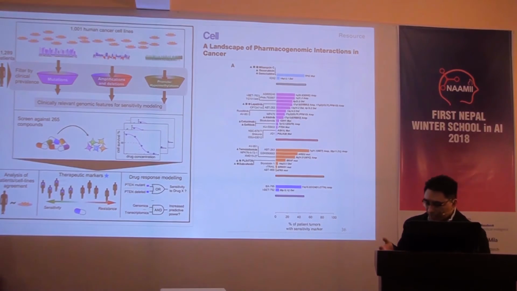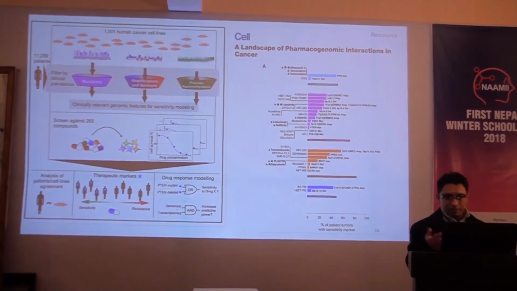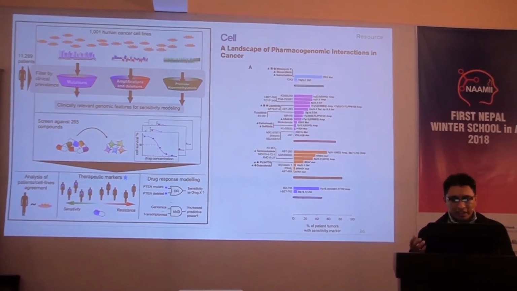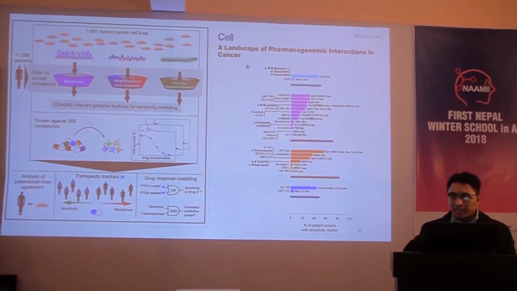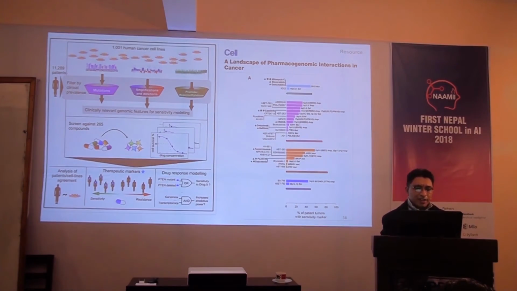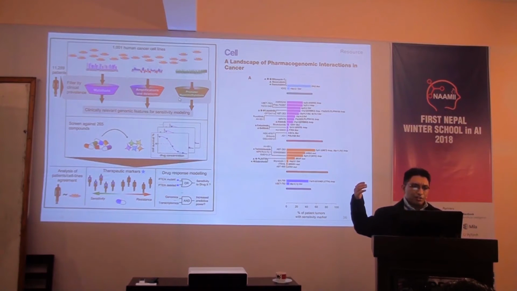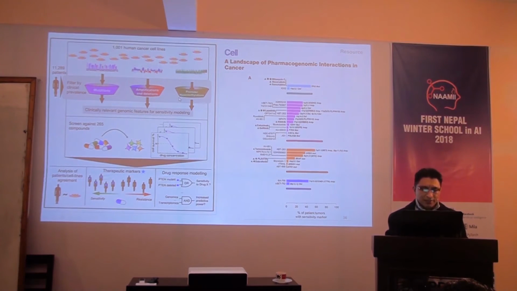So this is based on a similar problem. In this study, they looked at 1,000 different cancer patients, and they tried to look at all the DNA sequencing data and all different kinds of genomic data coming out of the body.